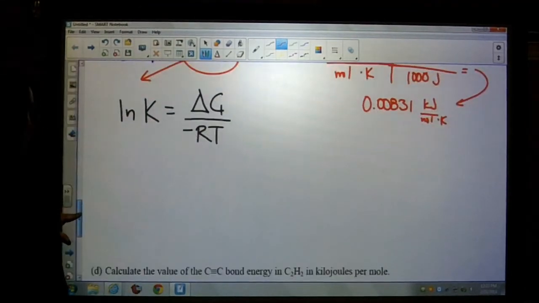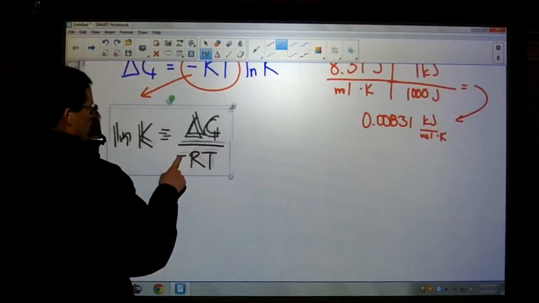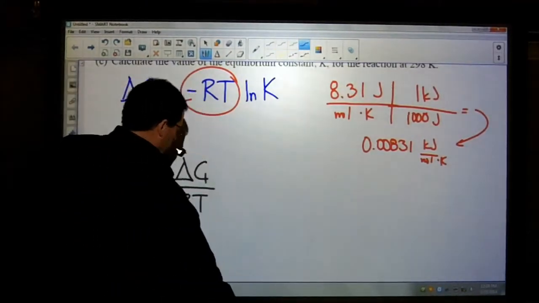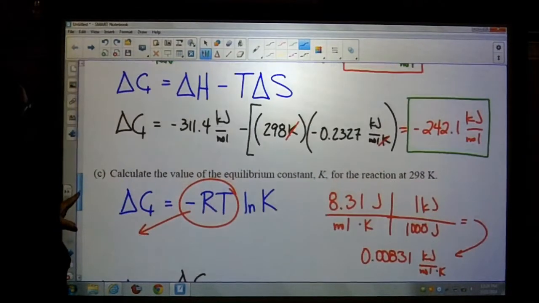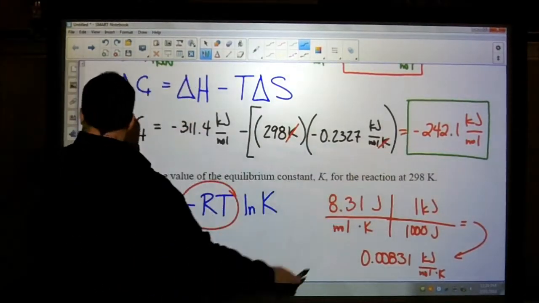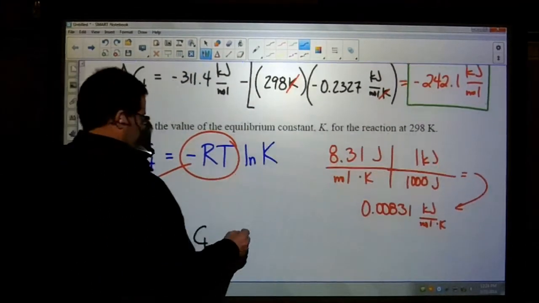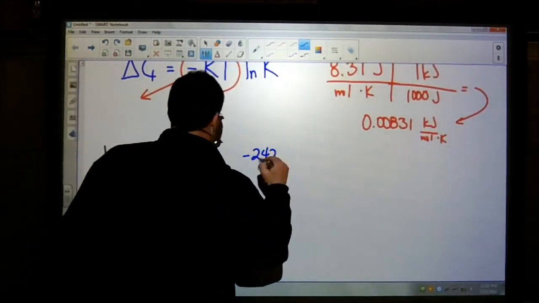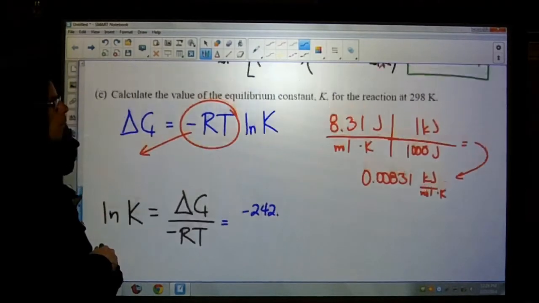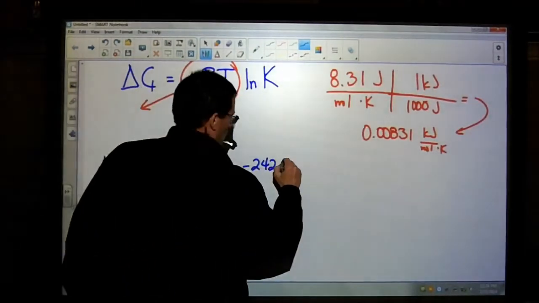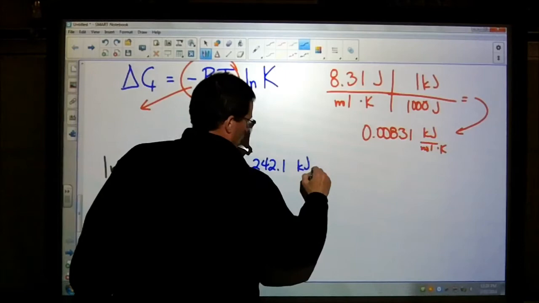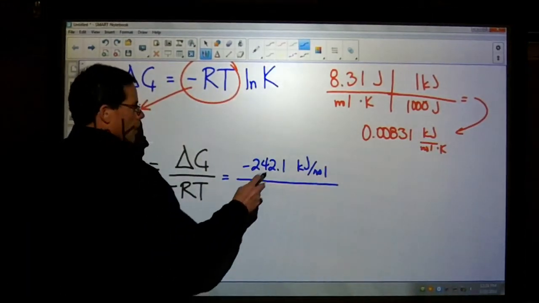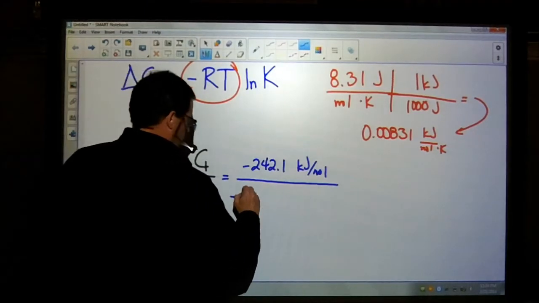So, let's see here, let's move you down just a little, okay? And let's plug in our values that we do know. So the G we just found, which is right there, the negative 242. The RT we just found, so a negative sign there.